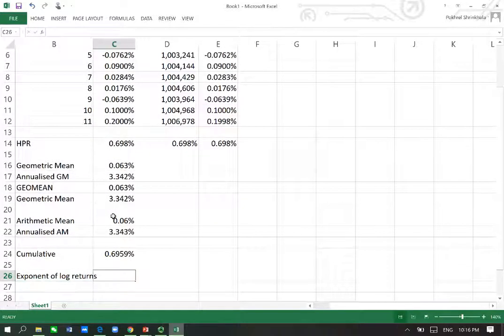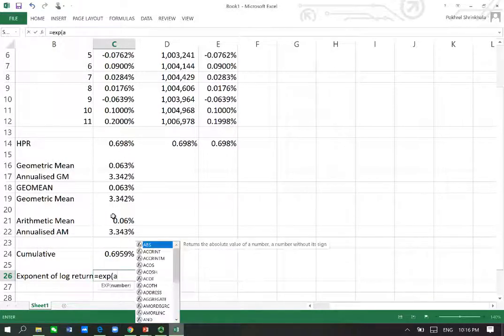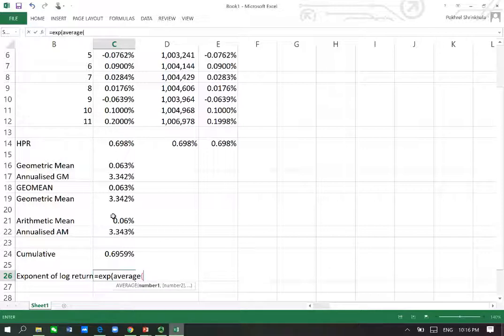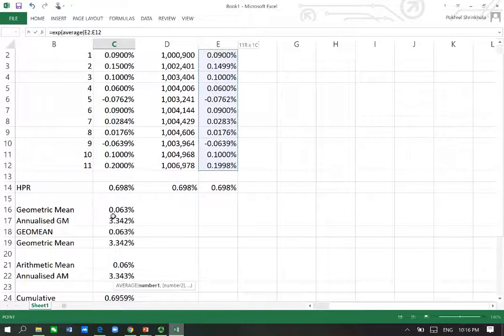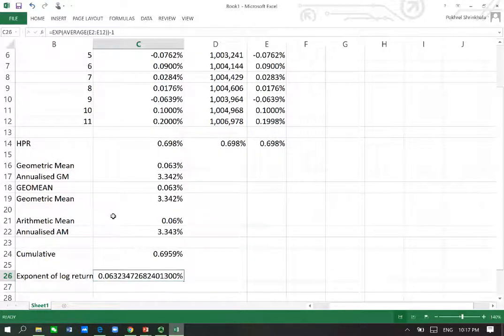Okay, and therefore now over here what I can do is equal, that's the function in Excel, exp, and then I'll take the average of all these returns that I just computed, and I'll close the bracket, and I will need another bracket, take away 1. So this is what I have done to get exponent of log return.